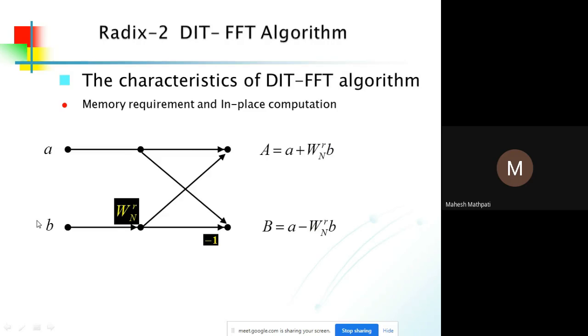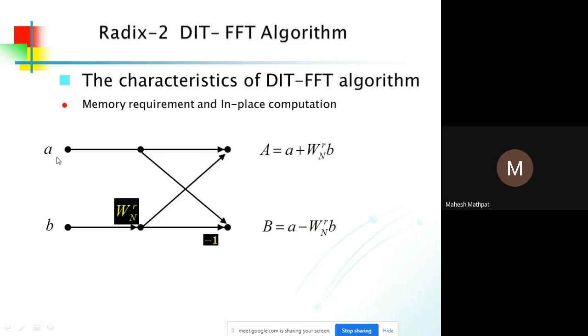So we can store the value of capital A in place of small a, and capital B in place of small b. So we are reducing the memory requirement with the help of in-place computation.